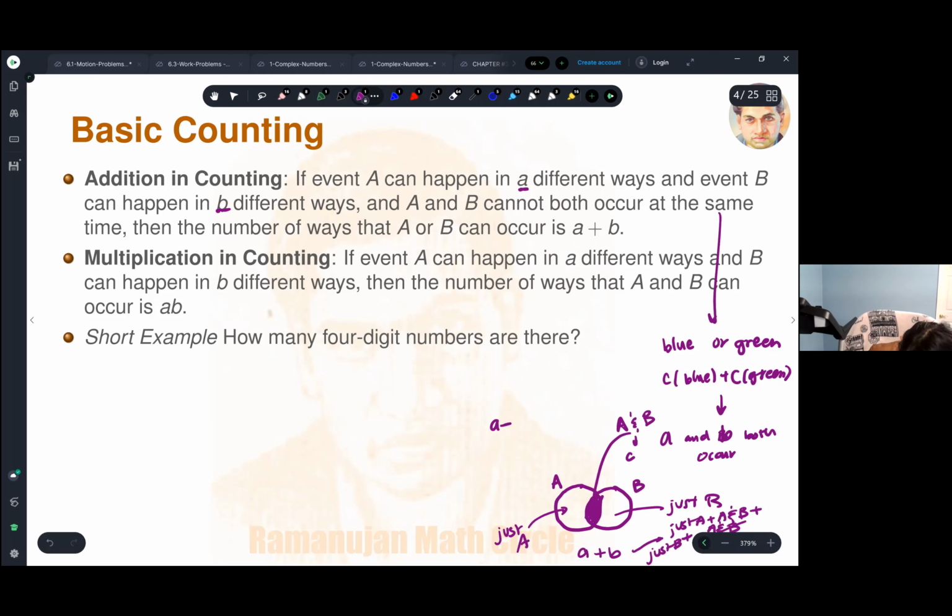So it would be A plus B minus C, where A is the number of ways A occurs, B is the number of ways B occurs, and C is the number of ways A and B occur.